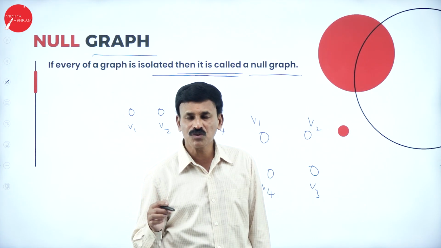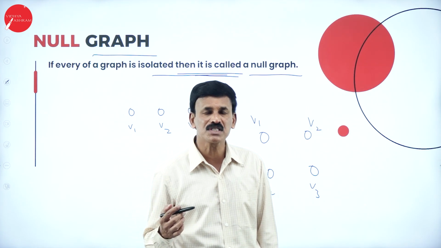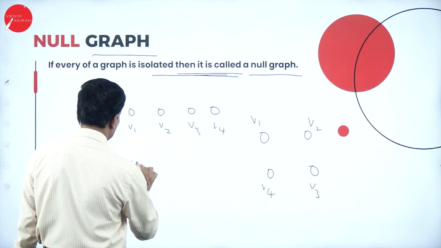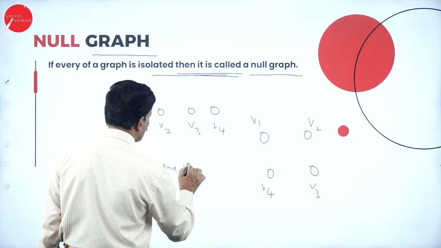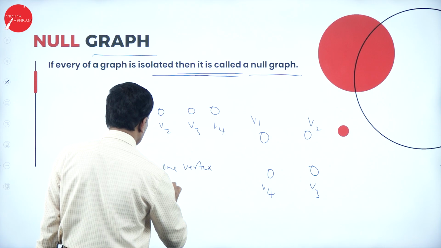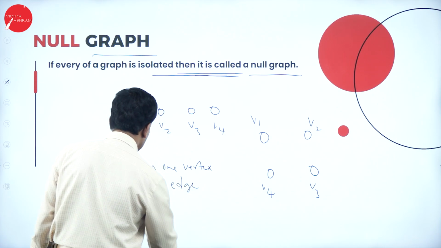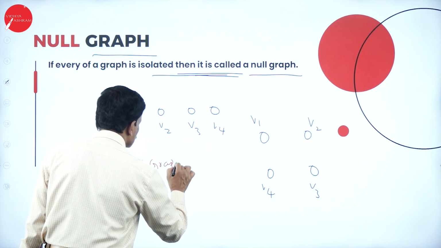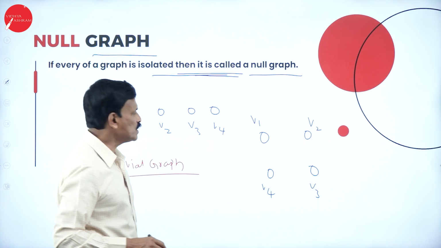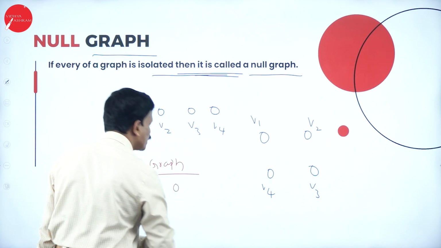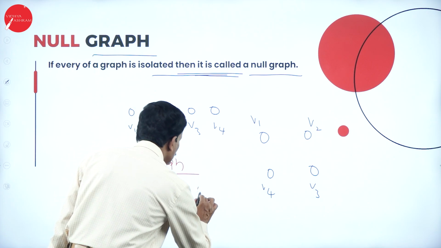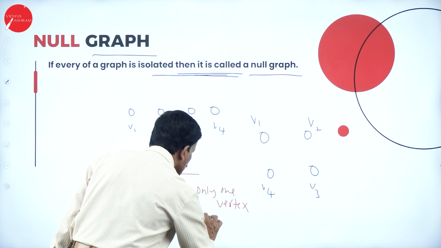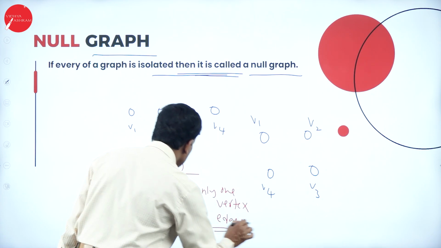Suppose a graph has only one vertex but no edge, such a graph is called a trivial graph. A graph having only one vertex and no edges is called a trivial graph.